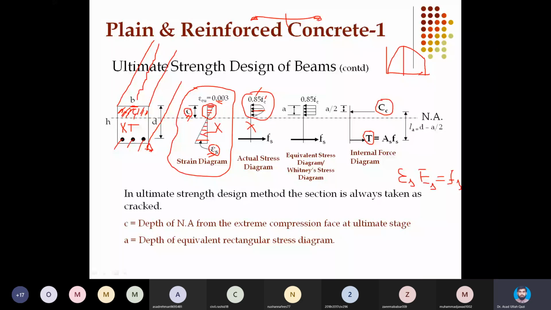It is shown over here. So the concrete stresses are shown with reference to the layers fiber by fiber above the neutral axis, and their corresponding magnitudes are shown, which is just like the stress-strain curve of concrete.